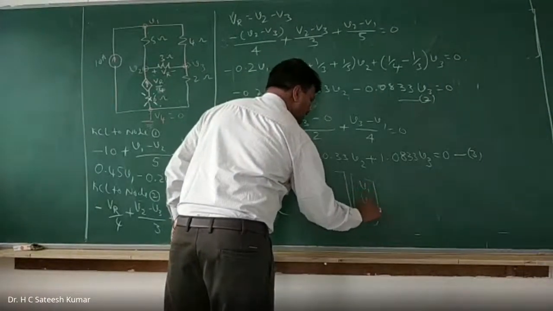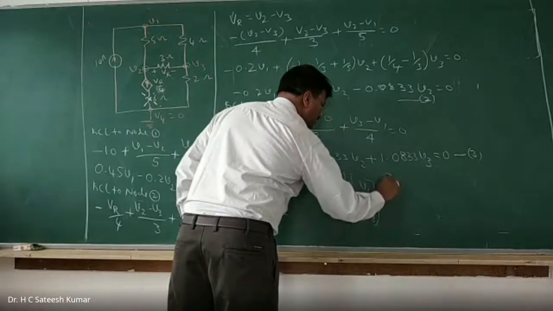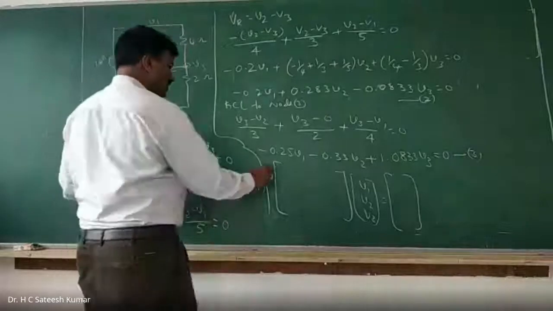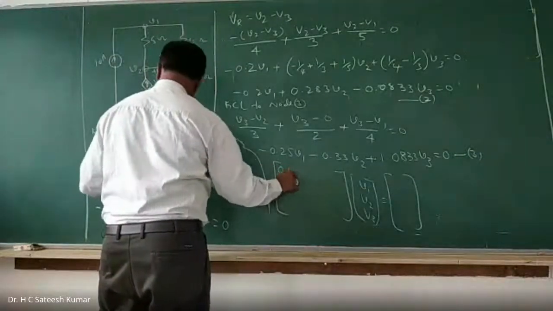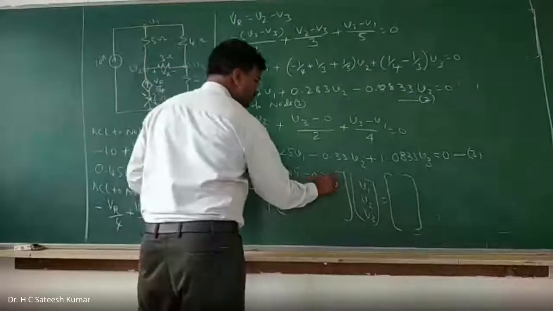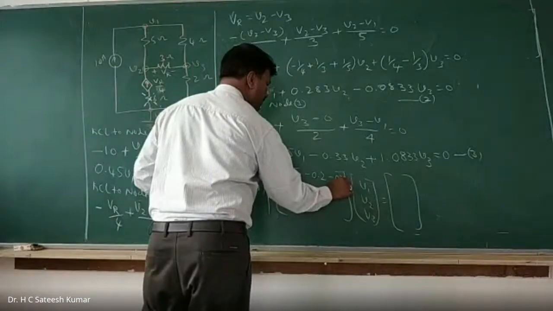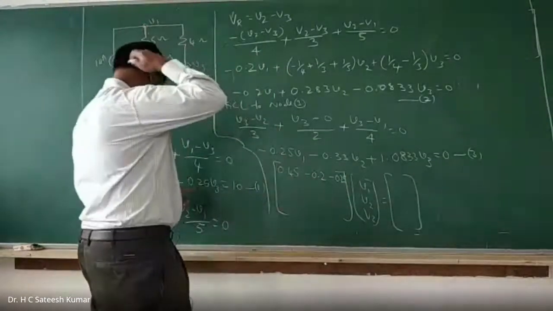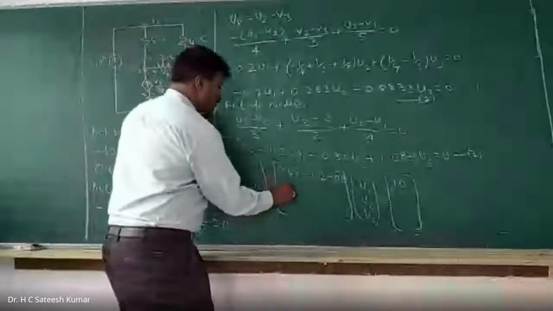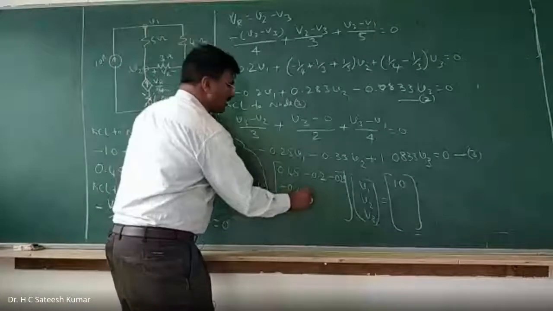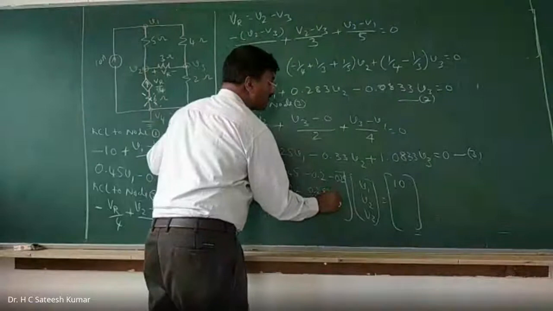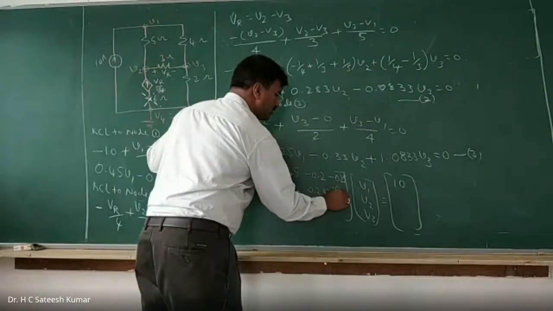V1, V2, V3 is equal to: V1 coefficients from the first equation 0.45, minus 0.2 and minus 0.25, and 10. Next one, V2 coefficients minus 0.2, 0.283, minus 0.0833, minus 0.0833.